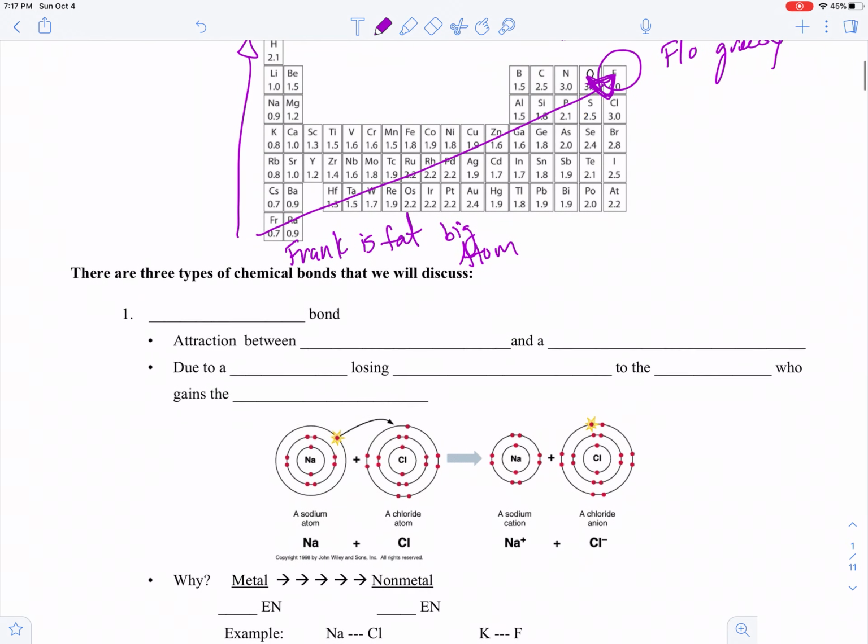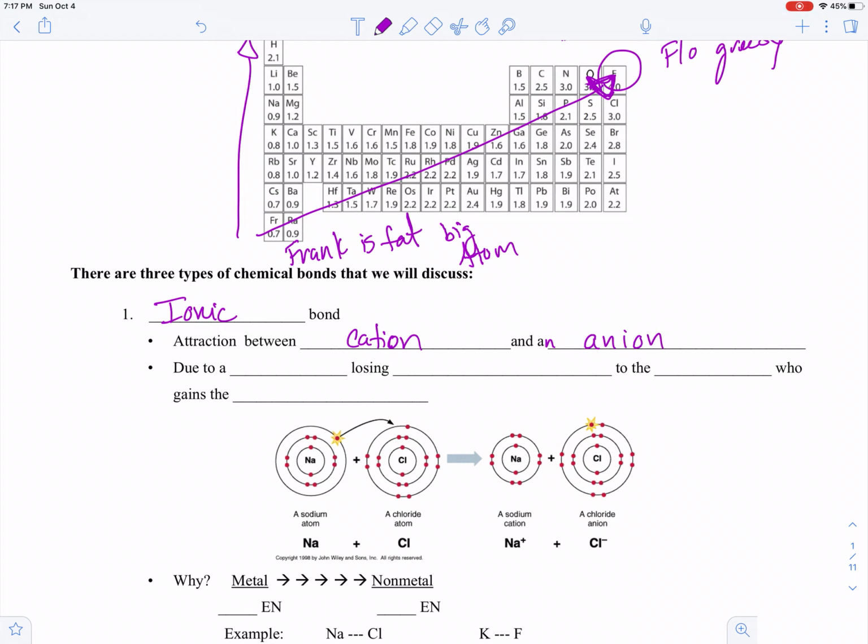All right. So there are three types of chemical bonds that we're going to be discussing, and we are going to be starting with ionic bonds. And we'll move into the other two on subsequent days this week. So ionic bonds are attraction between a cation and an anion.